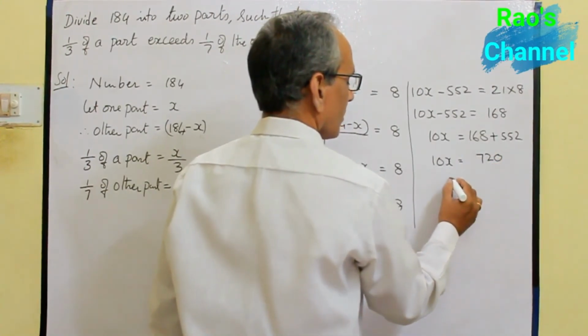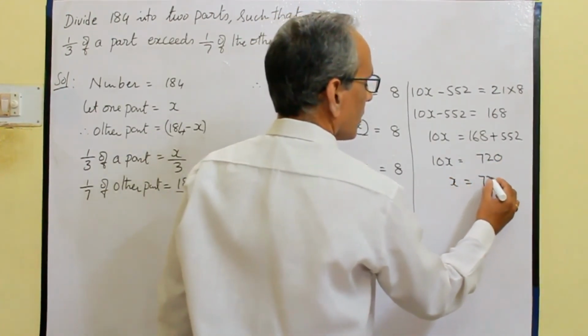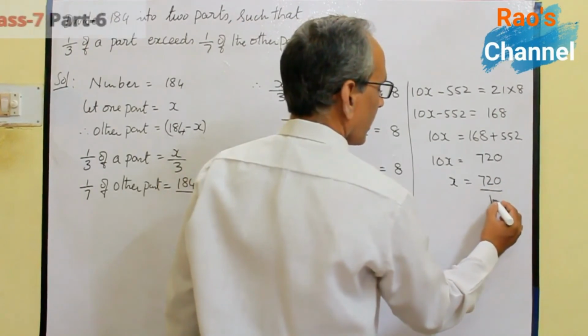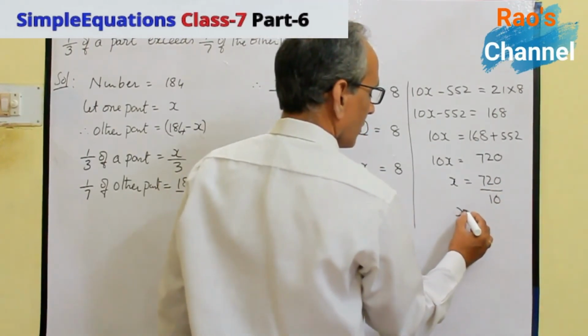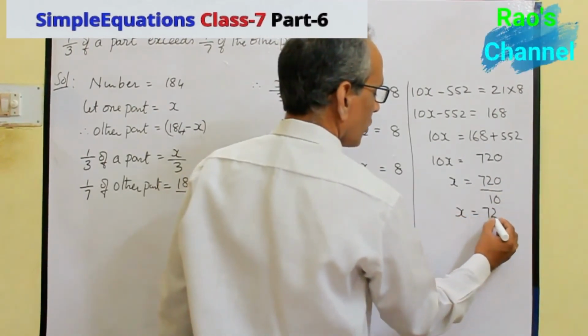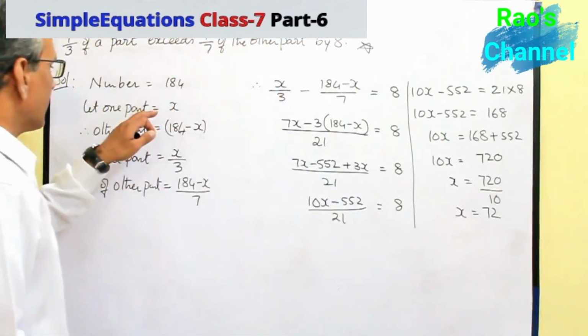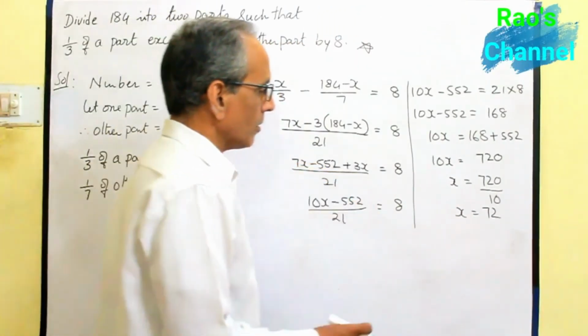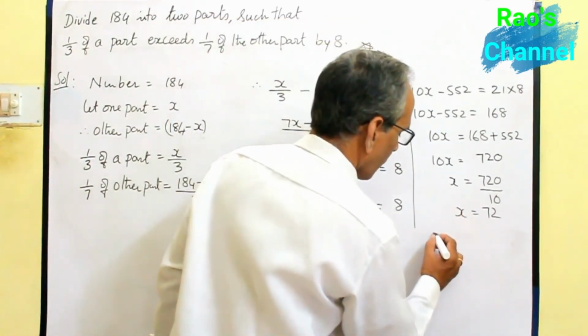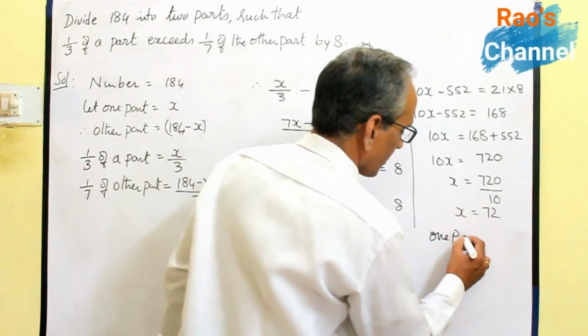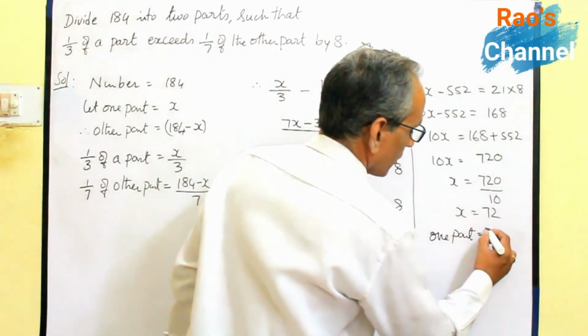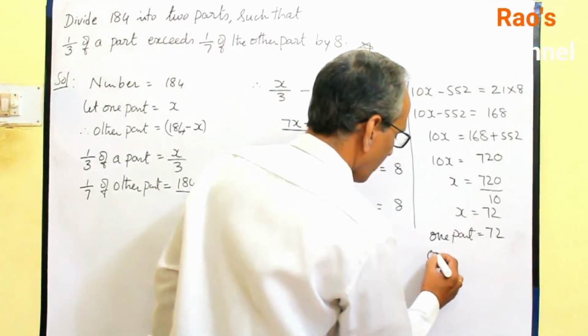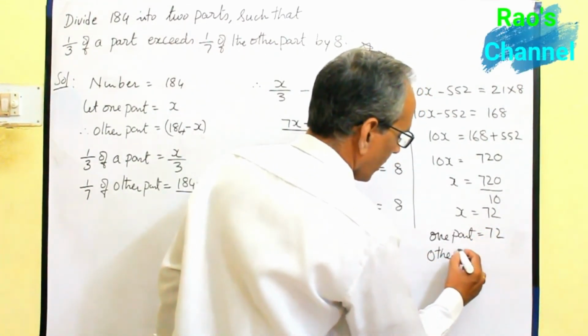Then x is equal to 720 by 10, that is 72. We defined x as a part of 184. So one part is equal to 72, and the other part, what is the other part?